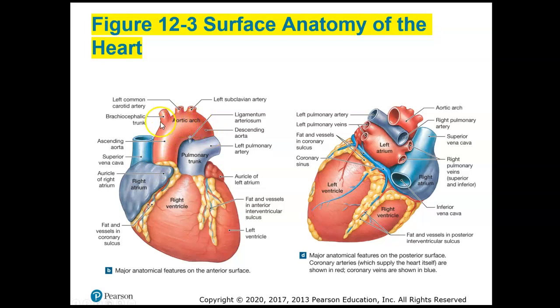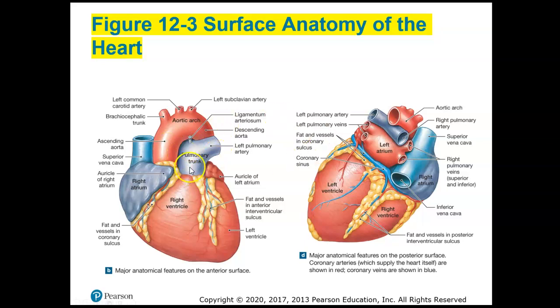The branches from the aortic arch are the brachiocephalic trunk on the right side, then the left common carotid artery in the middle and the left subclavian artery on the left side. There is a little tiny ligament that connects the aorta to the pulmonary trunk. It's called the ligamentum arteriosum.